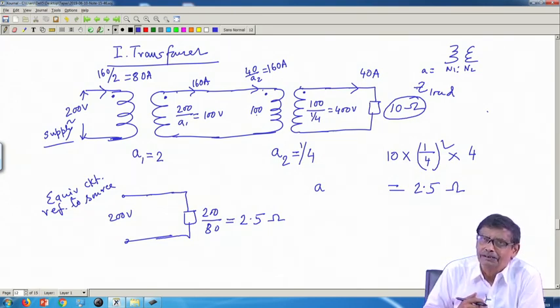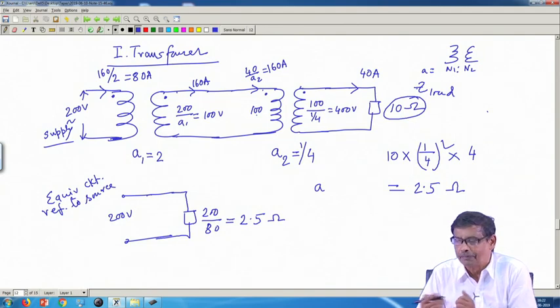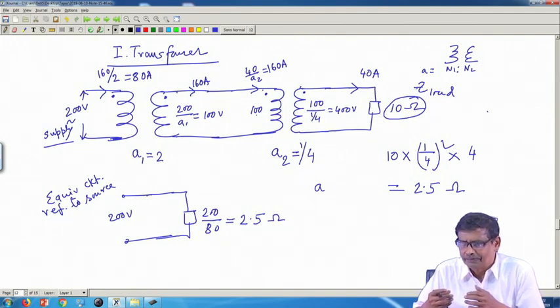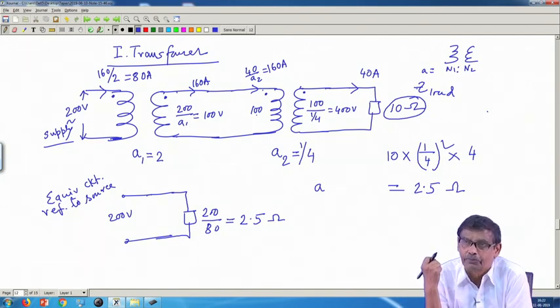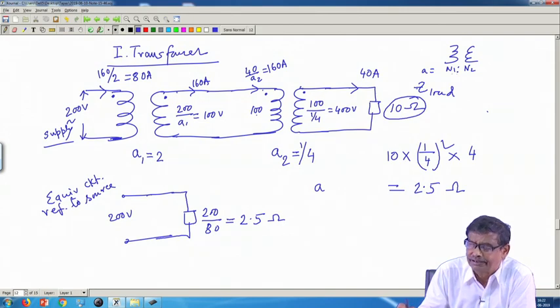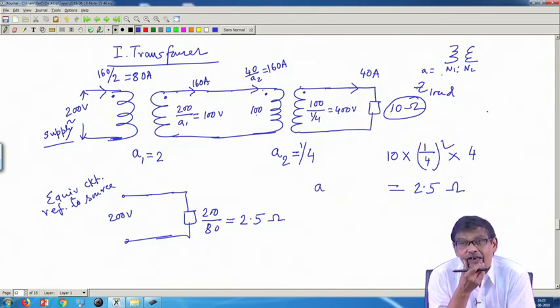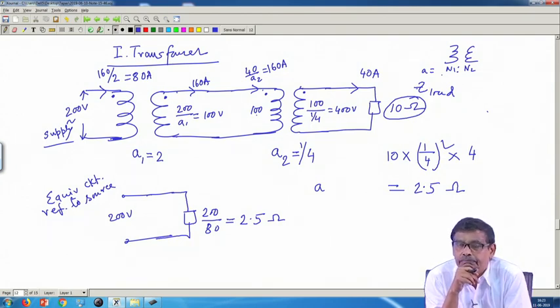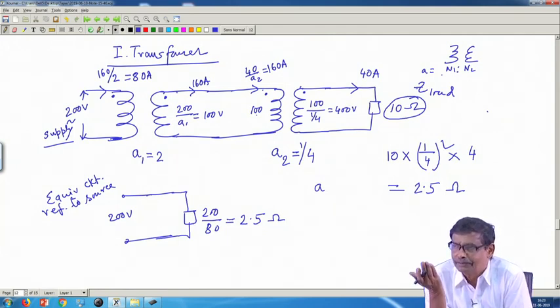Current should be divided by A, voltage should be multiplied by A. Students sometimes get confused while solving numerical problems. But what I am telling you, calculate this turns ratio A. You should always remember current on the LV side will be higher, and voltage on the LV side will be lower.